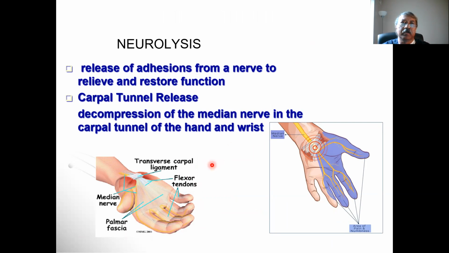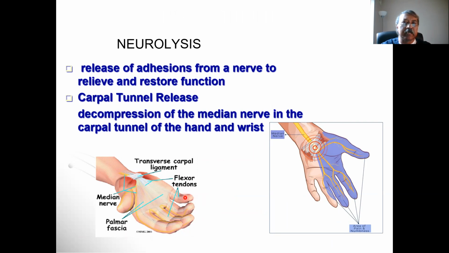What happens is the median nerve, this yellow nerve that is coming from the brachial plexus, gives sensation and motor activity to the palm side of the hand, all of these fingers except the little finger.